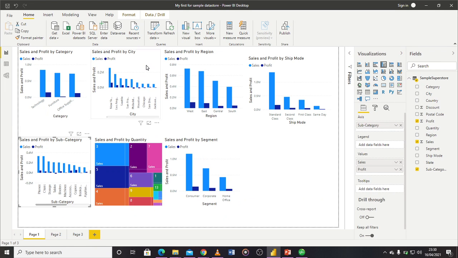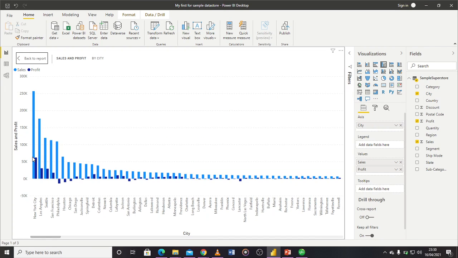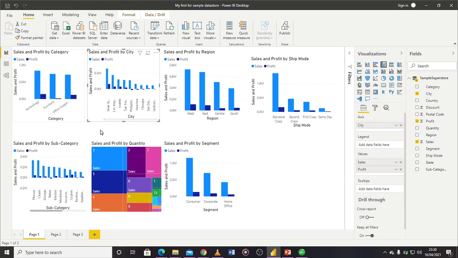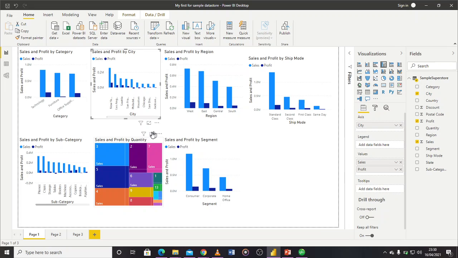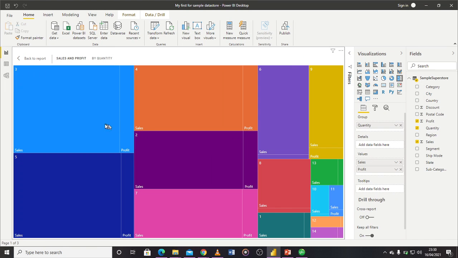If you look at sales by city, we can see that New York has the highest sales and profit, while Philadelphia has the lowest profit with 13,837. Looking at profit by quantity, quantity 3 has the highest sales and profit, while quantity 14 has the lowest sales and profit.